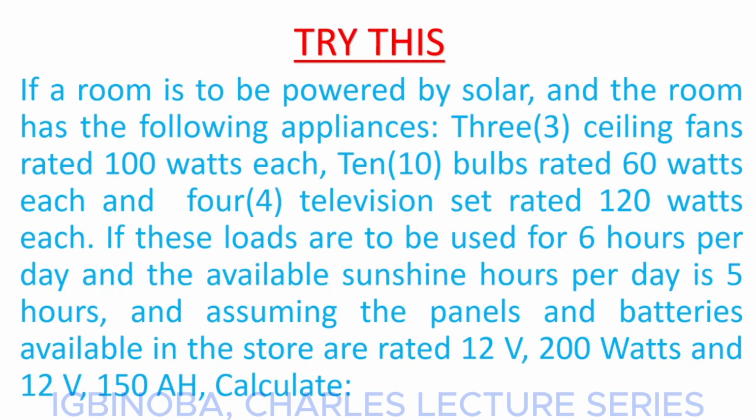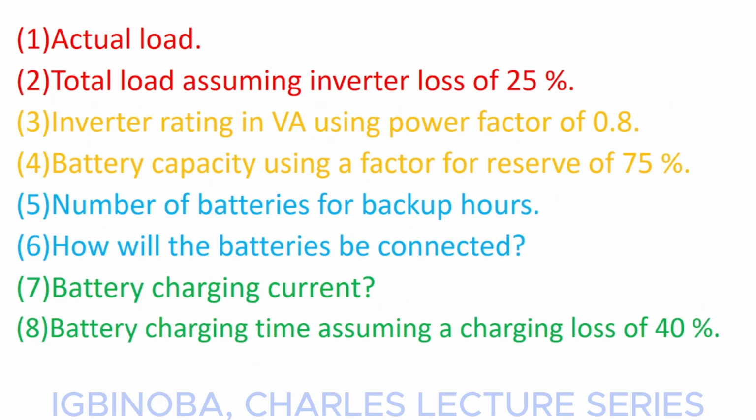and 12 volts, 150 amp hour, you have to calculate the actual load, the total load assuming inverter loss of 25%, the inverter rating in volt ampere using a power factor of 0.8, the battery capacity using a factor of reserve of 75%, the number of batteries for backup hours, how will the batteries be connected? Number 7, battery charging current.